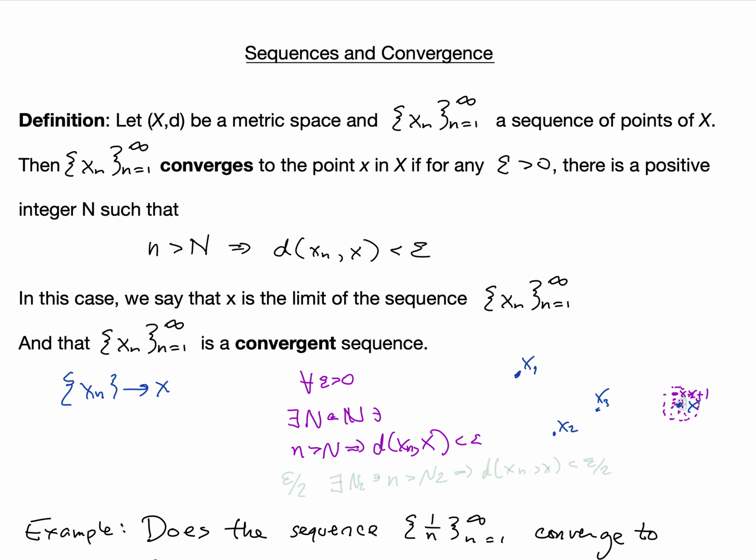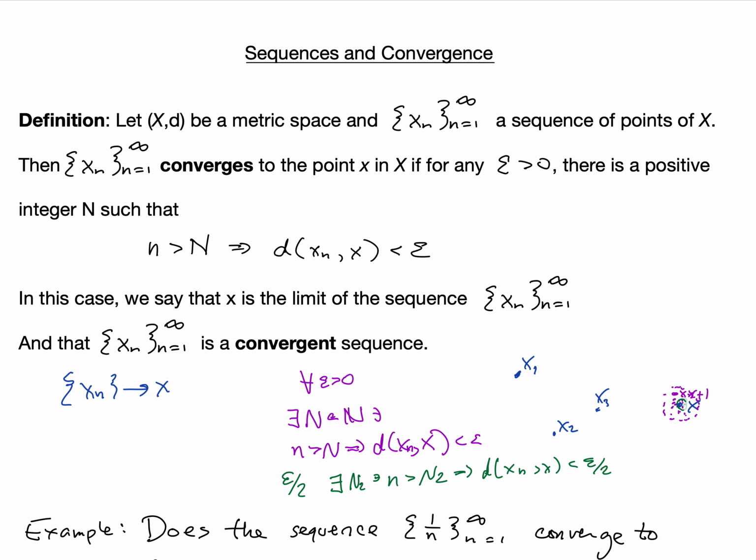And then I could say, okay, well, that's nice. Now I want to give you a different one. Let's take my last epsilon and make it epsilon over 2. And then there's got to be some other N2 such that n greater than N2 implies the same thing, that the distance between x_n and x is less than this new epsilon over 2.